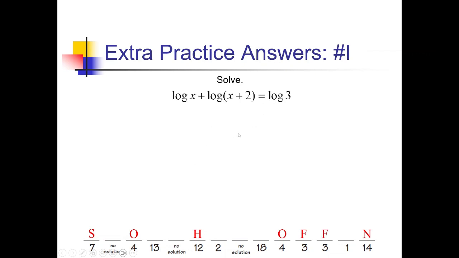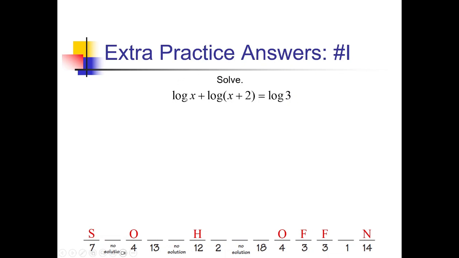For this next problem, I've got logs all over the place. Before I raise the base, which actually is an invisible 10 because they didn't write any number, before I raise 10 to both sides of this, I'm going to need to get at most one logarithm on each side. So the left side needs to be combined into a single log. Since I'm adding these logs together, I can multiply the things inside.